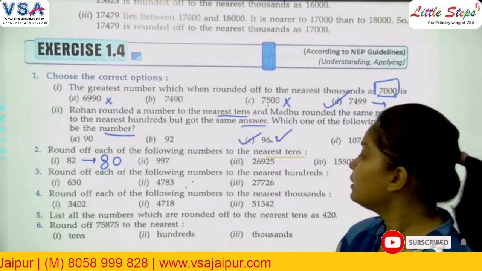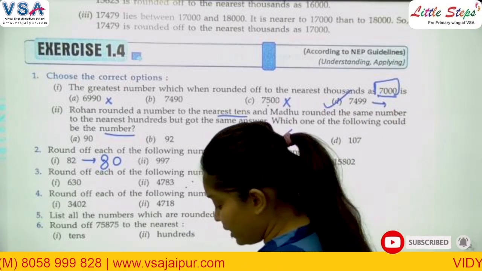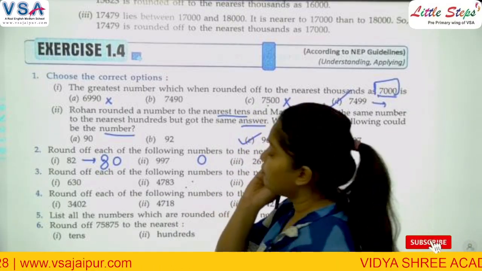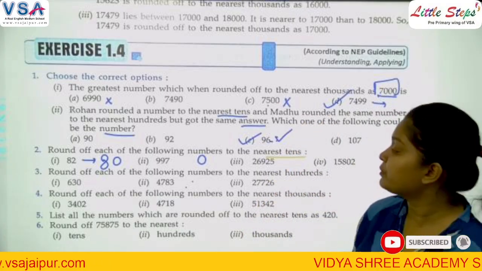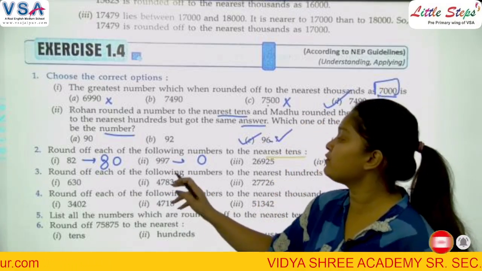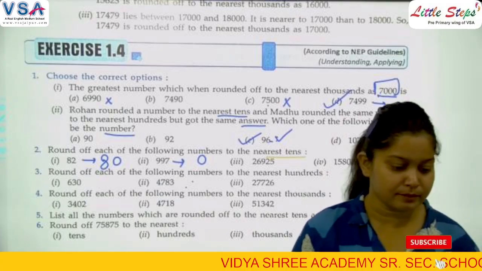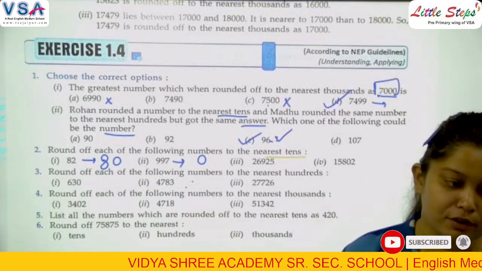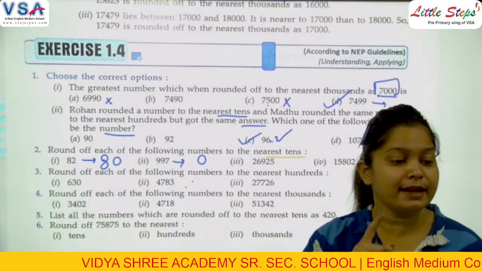Clear? Next, second part. What do we have? 997. What do we have to do? We have to place a single zero. Again, in the place of zero, what number do we have? Tell me. Is 7 a bigger number or a smaller number? So we have to round off by adding 1 to it.